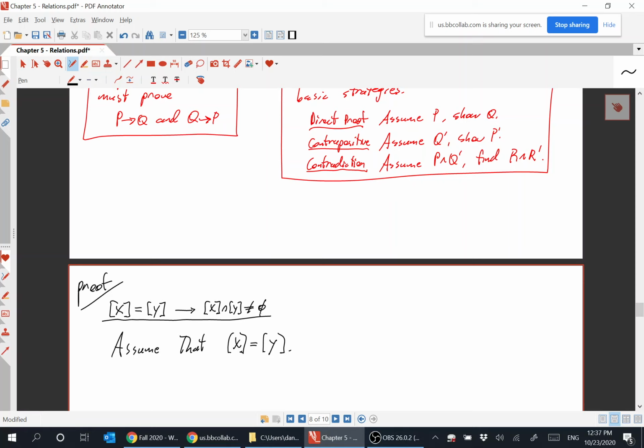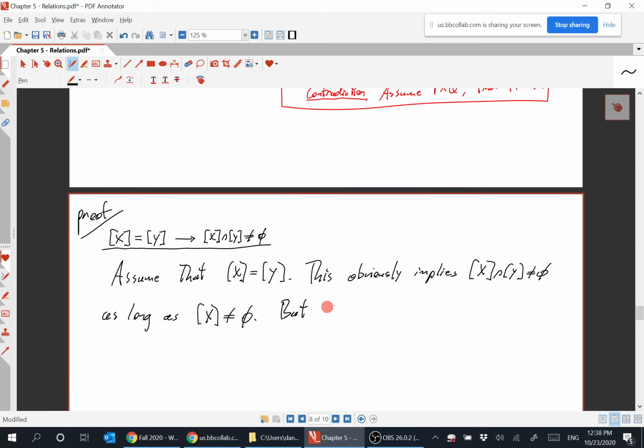So this obviously implies that X intersect Y is non-empty, as long as bracket X is not equal to the empty set, because what in particular is related to X?